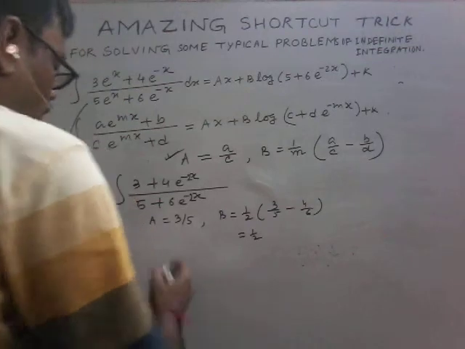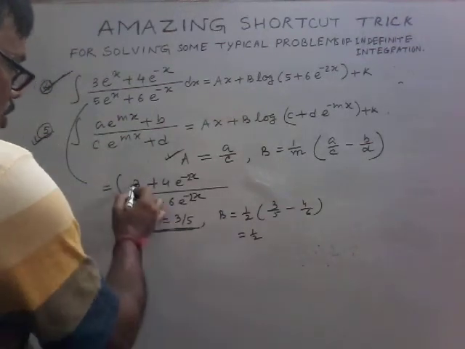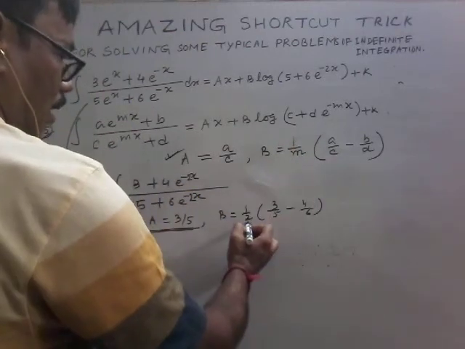So what is A? A is 3 by 5. B equals 1 by m, so half.